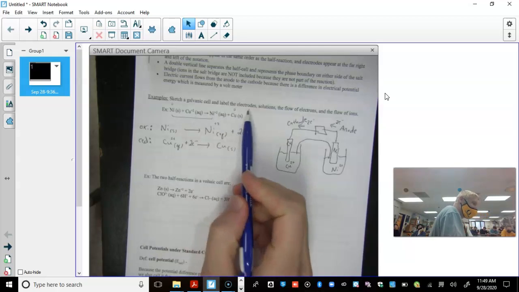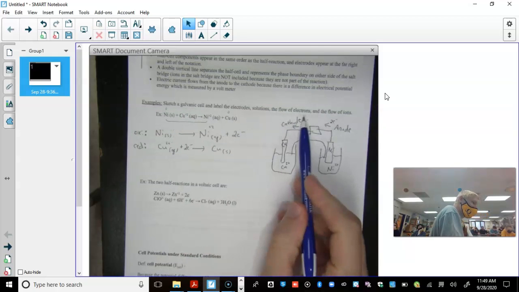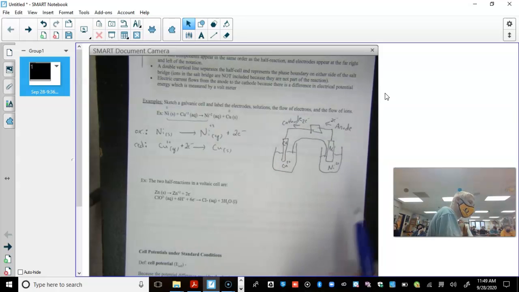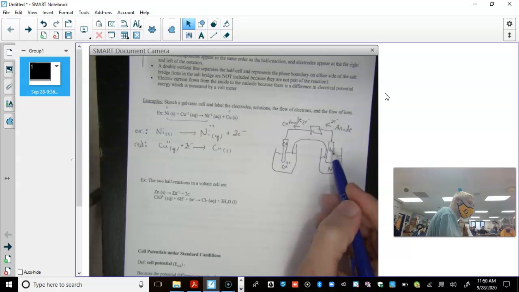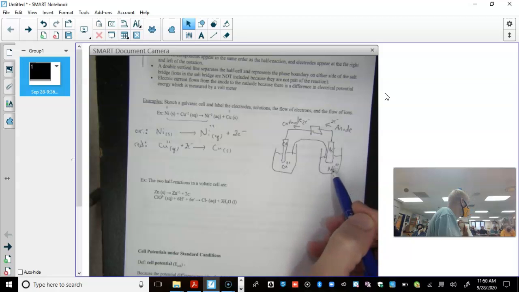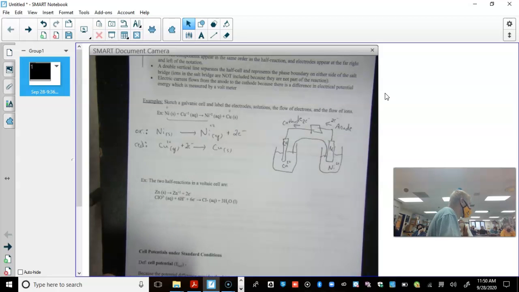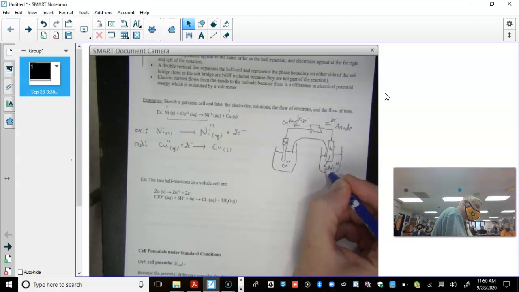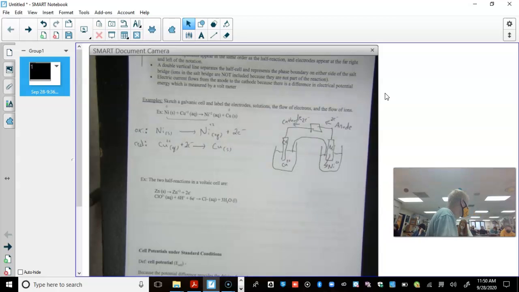Alright, so we got labeled electrodes, solutions, the flow of electrons, and the flow of ions. So if the flow is going this way, is it nickel aqueous turning into nickel, or nickel turning into nickel 2+? You got it. So I'm going to draw my arrow pointing from nickel to nickel 2+.